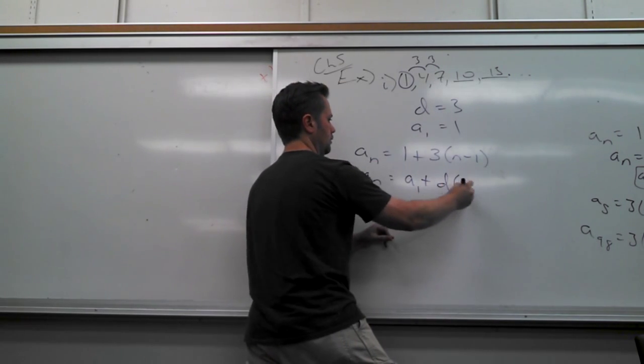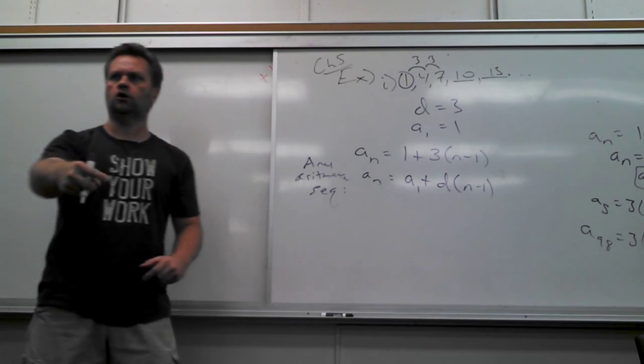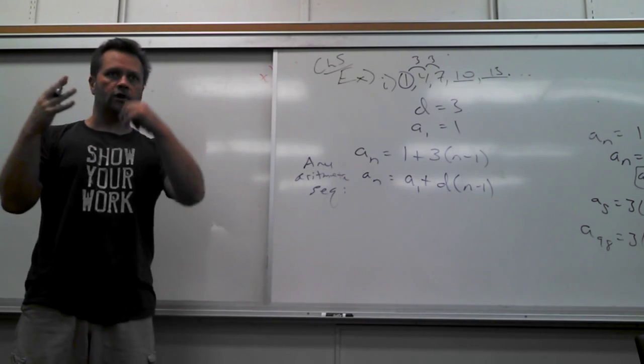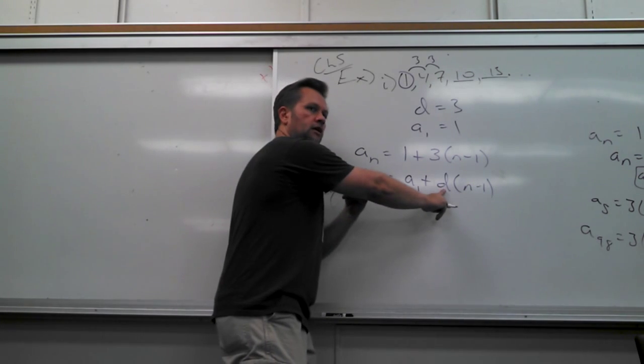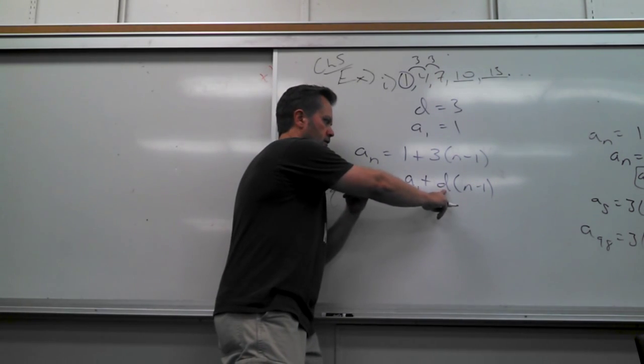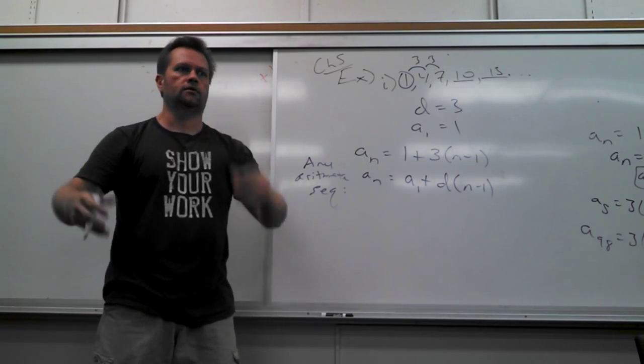D. And then n minus 1, because I take one less step to get to that term. So if I have an arithmetic sequence staring me in the face, I know it's arithmetic because it keeps adding the same thing. And I can just look at the first term and I've got an expression for any term I want.